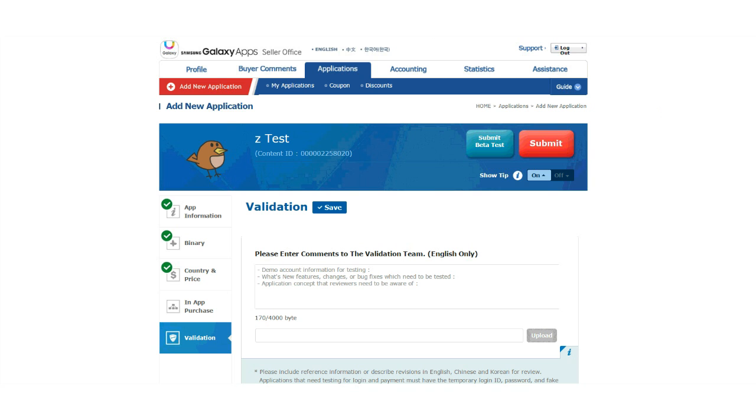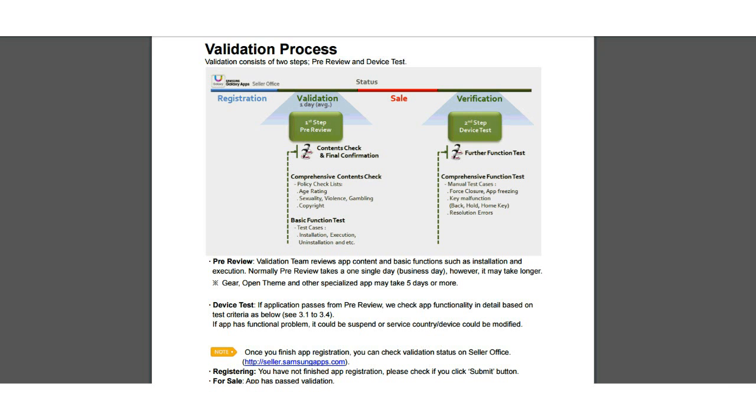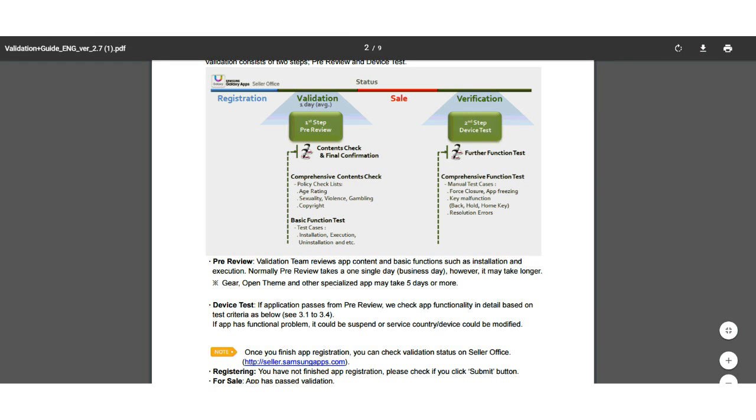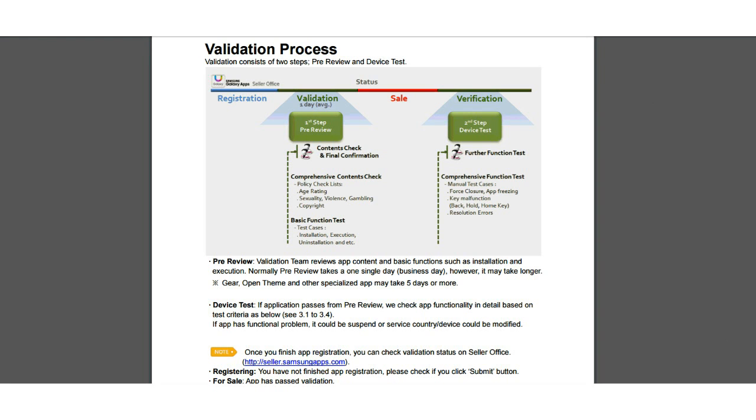In the pre-review stage, the store team reviews the contents and performs basic functional testing, which takes about 1 day. Then for device testing, they perform full functional validation testing on all devices selected, which takes about 5 days. Gear and Edge apps will go through these steps together, and it will normally take about 5 business days per cycle.